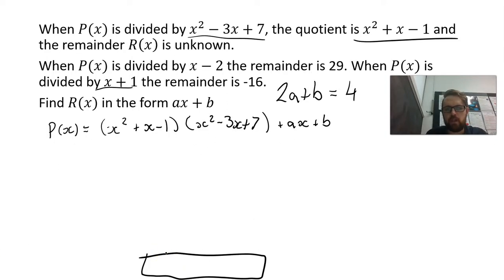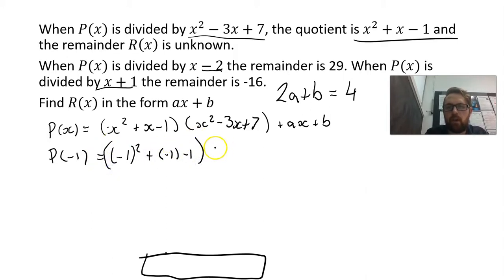We're going to do the same thing again. Now our k is negative 1. So when we have p of negative 1, we substitute negative 1 in here: negative 1 squared plus negative 1 take 1, all times negative 1 squared take 3 times negative 1 plus 7, plus a times negative 1 plus b.